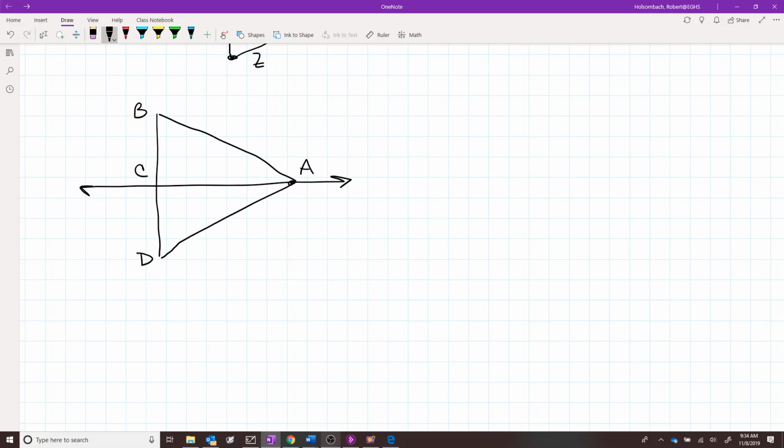Because example 1A, you've got a segment and it's intersected by a line. The segment is BD, the line is CA, and you're given a segment from B to A and then A to D, and you're told this, that angle BCA is 90 degrees and that BC is congruent to CD.